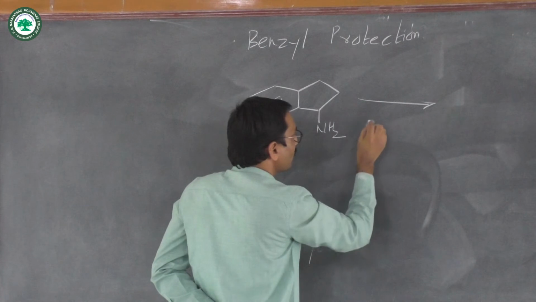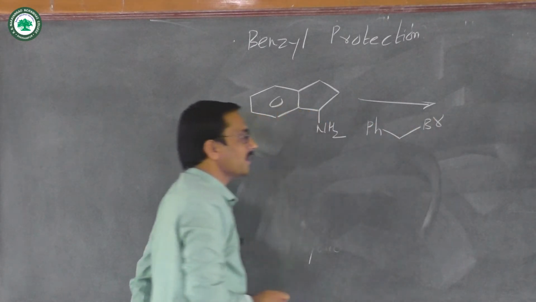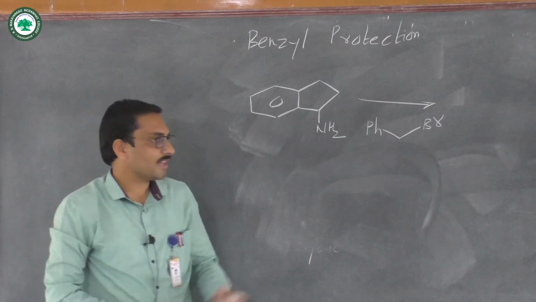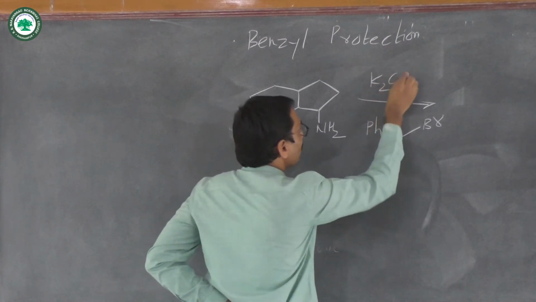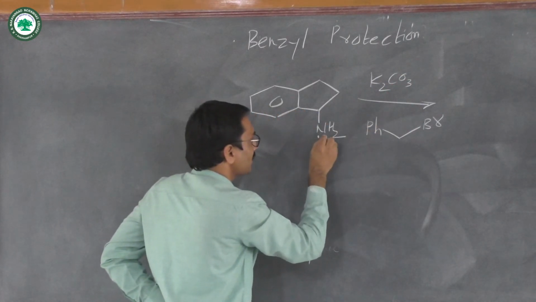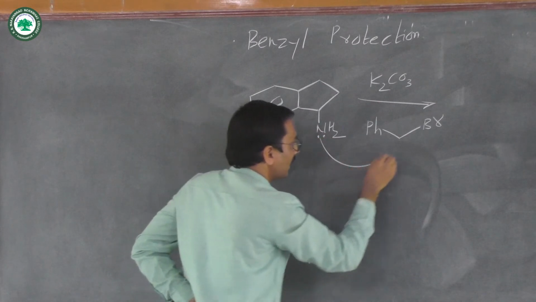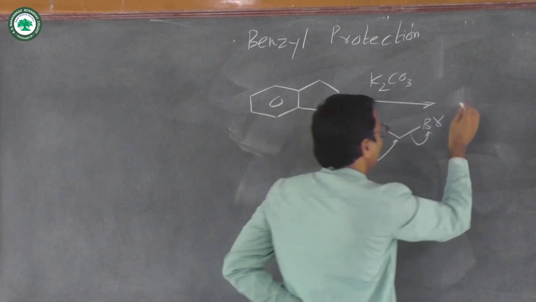That amine compound is allowed to react with benzyl bromide, or we can use benzyl chloride, in the presence of basic condition; we use K2CO3 as a base. The electron pair attacks this particular carbon and there is loss of Br minus.